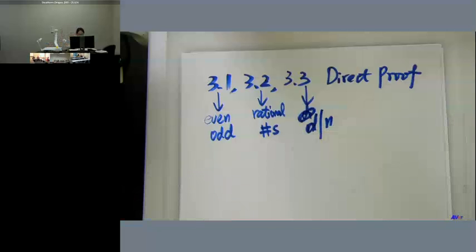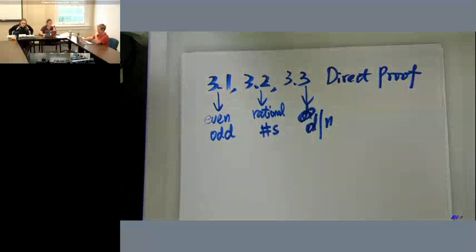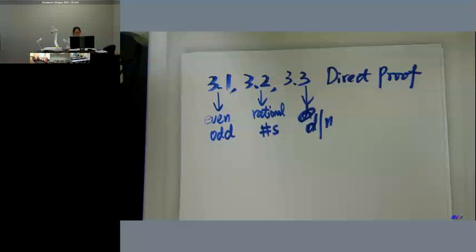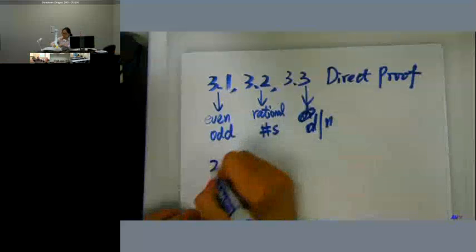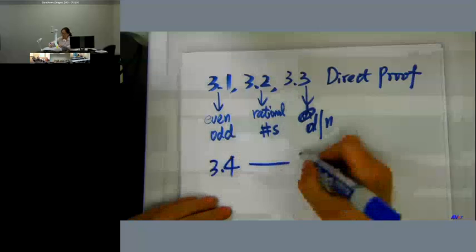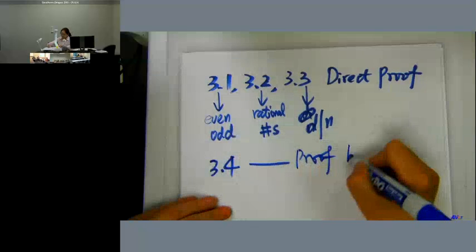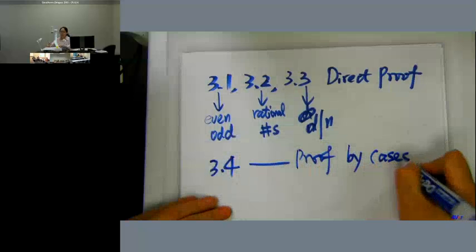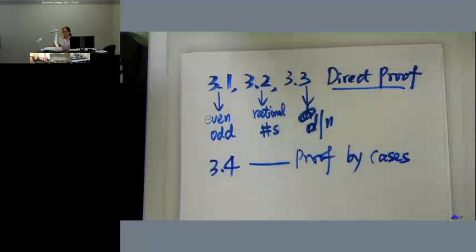Today, in 3.4, we're going to do proof by cases. We learn a new technique, proof by cases. It's still considered a direct proof, but you won't be able to prove it by one case.